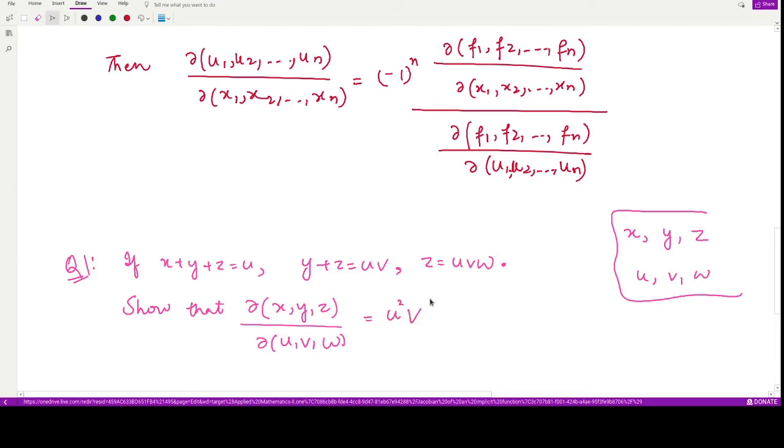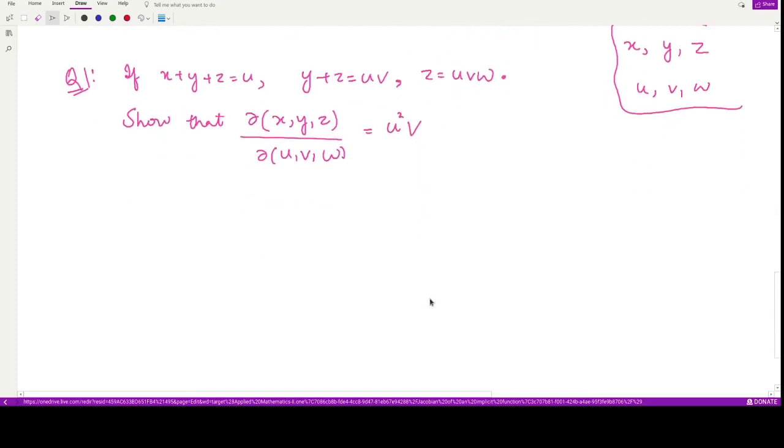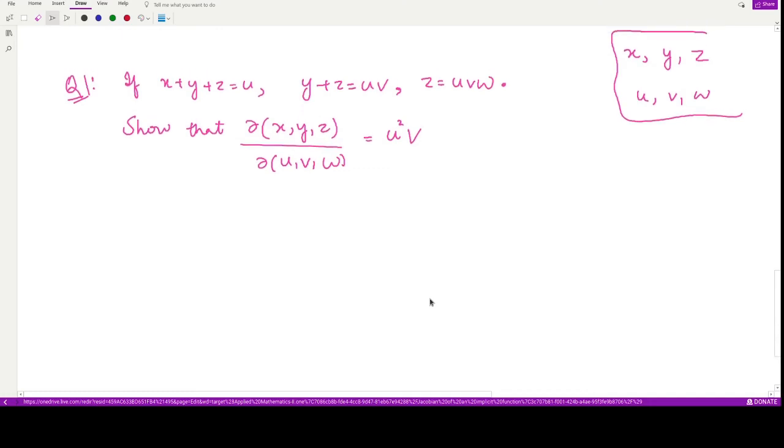Now you cannot very easily say which among these are dependent or independent. For the solution, we are to compute the Jacobian of x, y, z with respect to u, v, w.